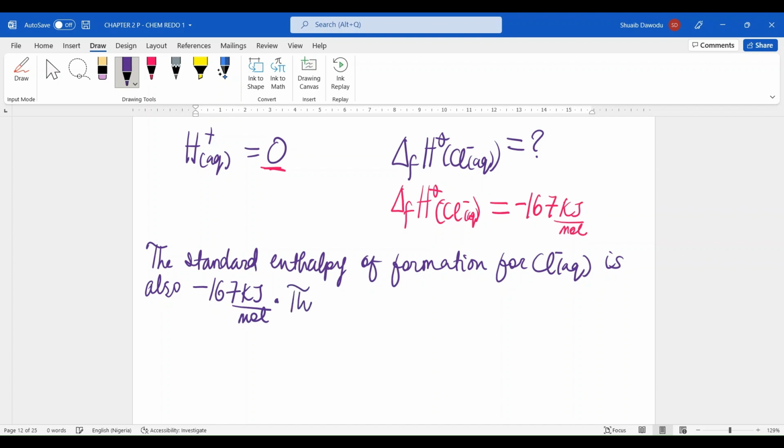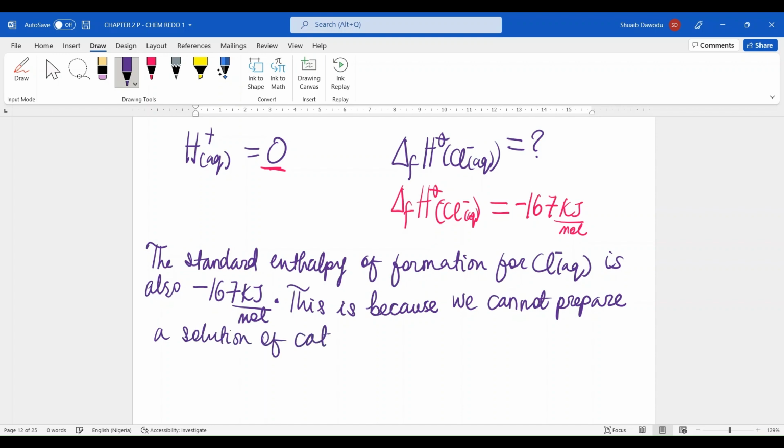This is because we cannot prepare a solution of cations separate from a solution of anions.